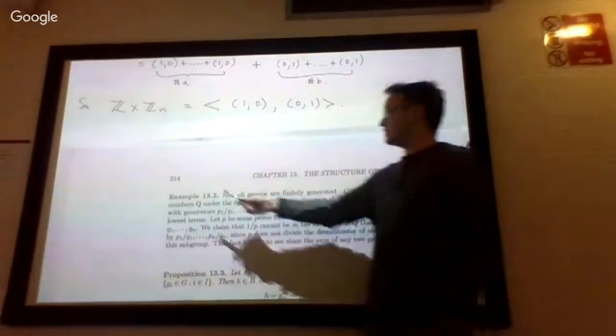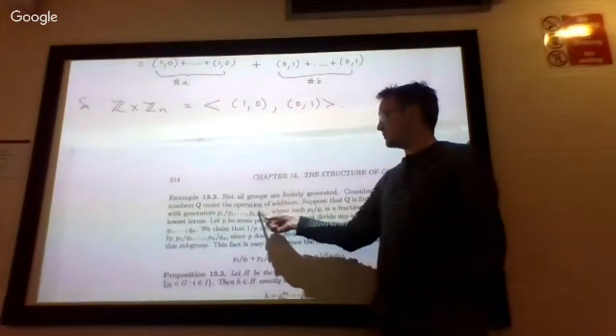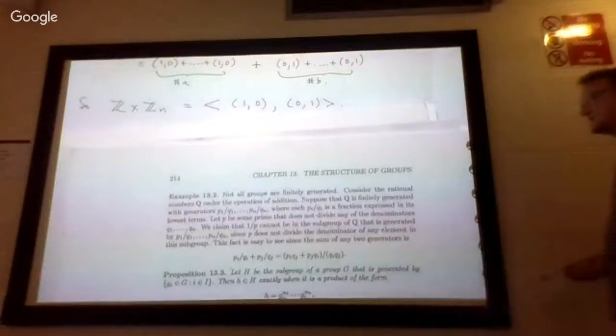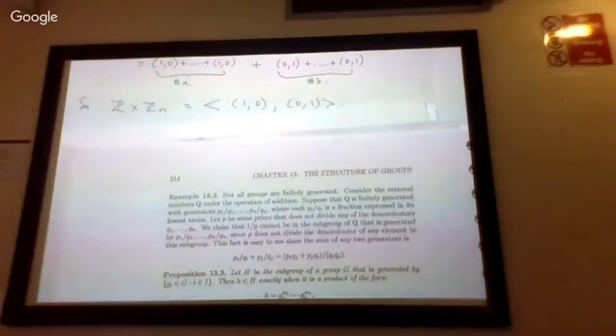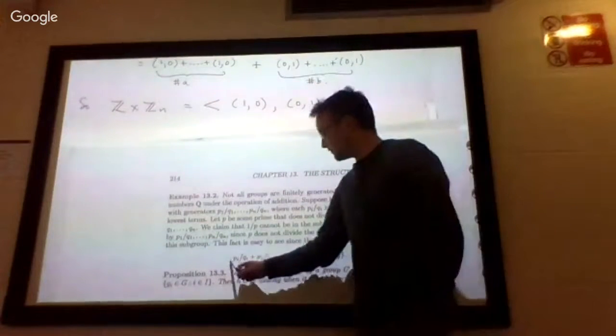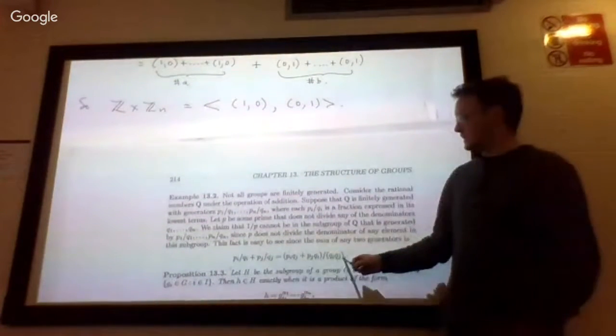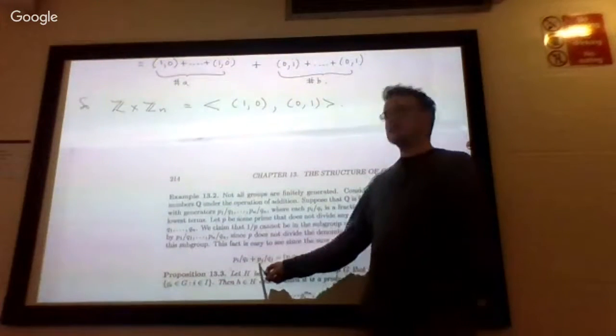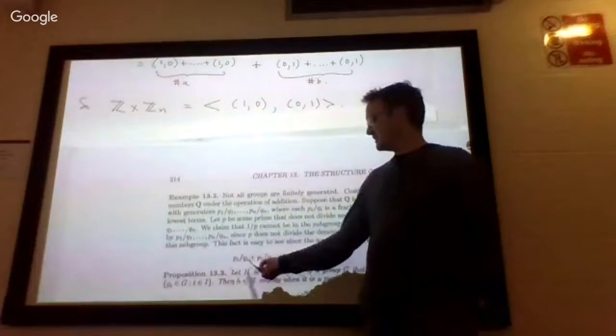So the question is, can every rational number be expressed as some linear combination of those fractions? Well, it can't. To prove that, first of all, we'll just remind ourselves of our primary school rule for adding fractions. How do we add fractions?